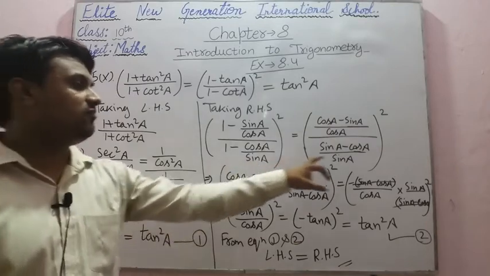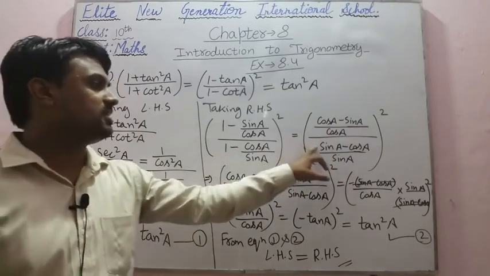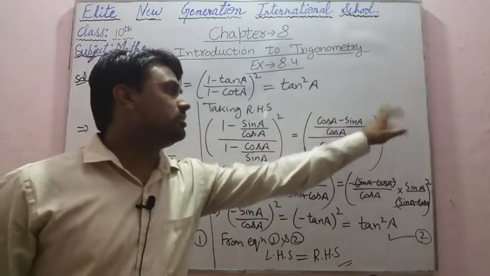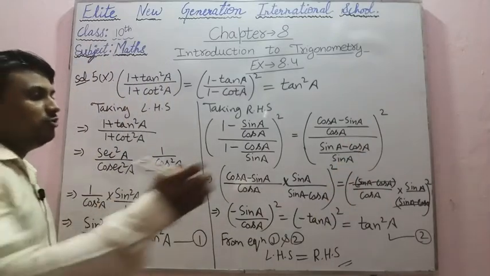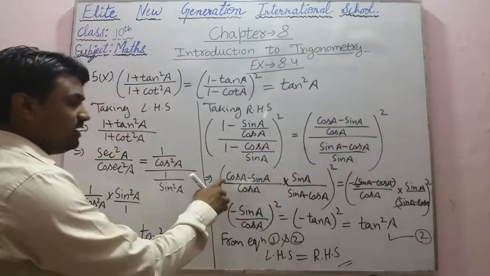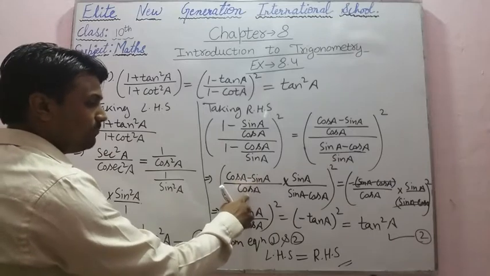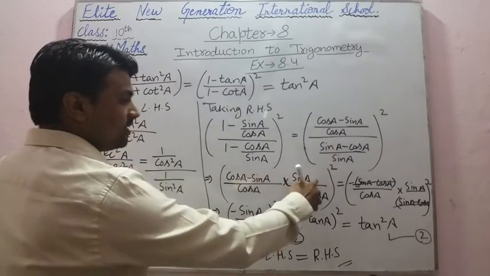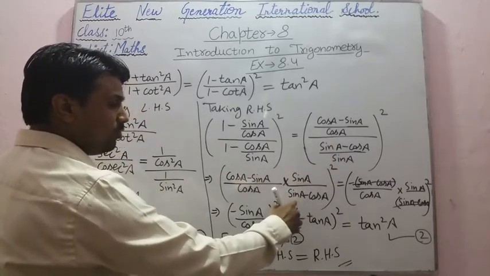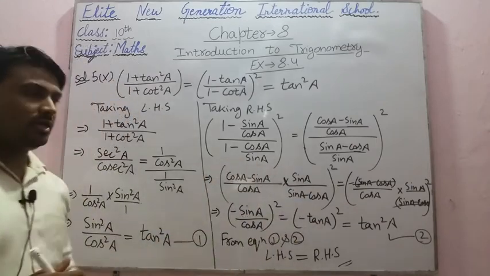Here also the LCM will be sin a, so sin a into 1 will be sin a minus cos a, whole square. Now by doing its reciprocal, it will be cos a minus sin a upon cos a, then this sin a will come here, so sin a upon sin a minus cos a, and whole square.